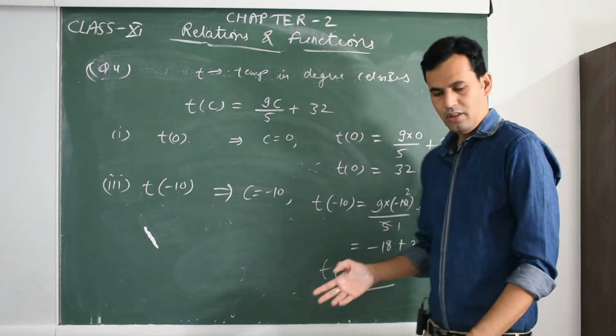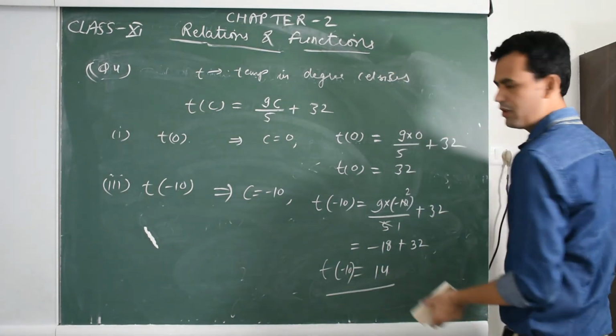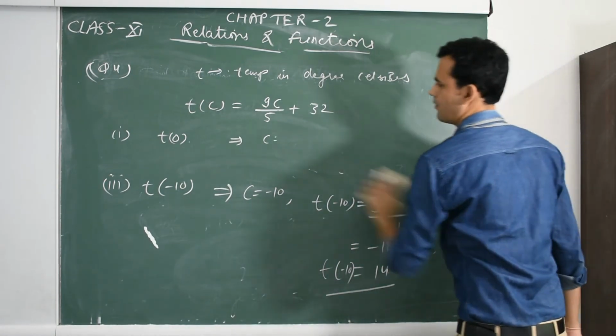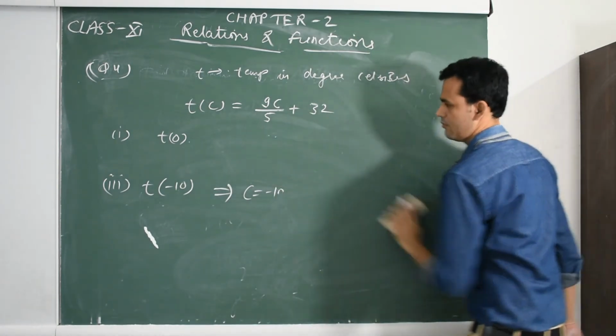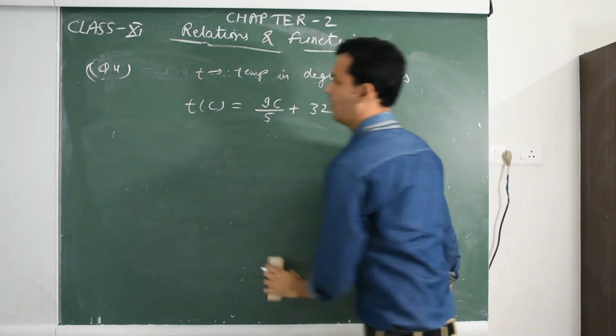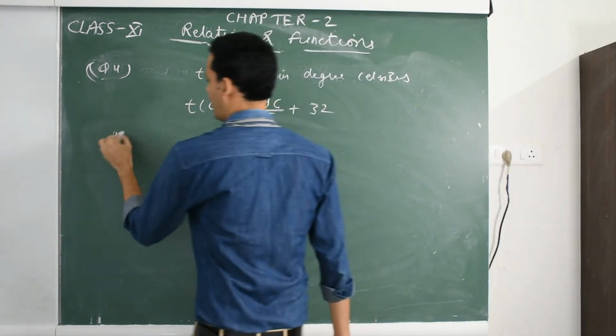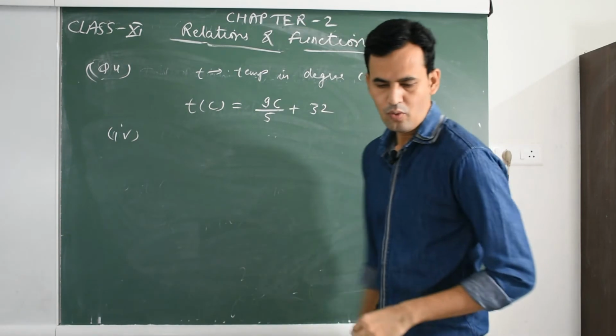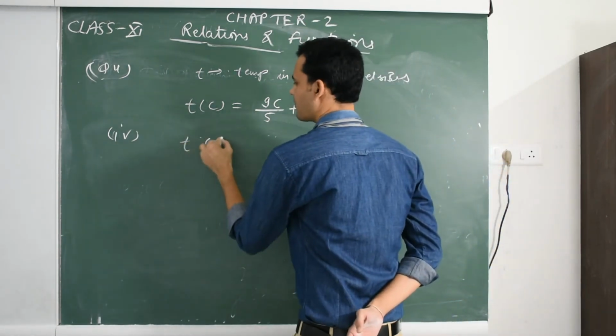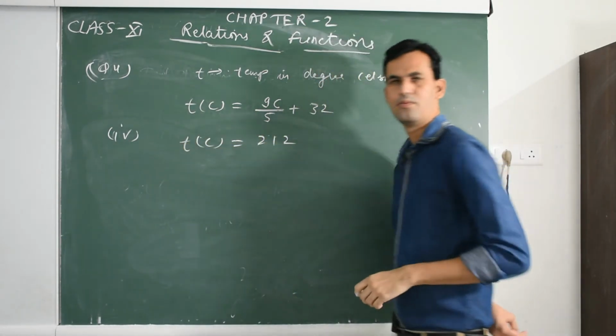Similarly, one more question of this fourth question. The fourth part of this fourth question: the value of Tc is given as 212.